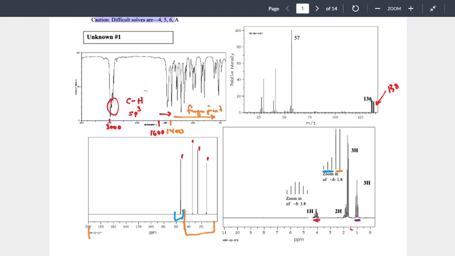You could see this H information written next to it. What is that saying? That's my integration. So for the red signal, my integration is 1, the blue, 2, the orange, 3, the purple, 3.